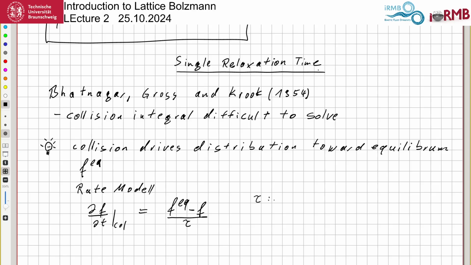The tau is the relaxation time, and this is related to the mean free time between collisions.